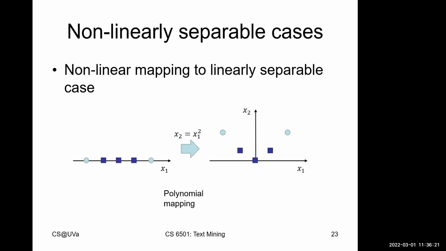Instead of adding a constant to everybody, the bias, we can take our variable x, and our variable x squared, and create a second dimension that's x squared. And now you can draw a line there. You can then do the bias to get above that.